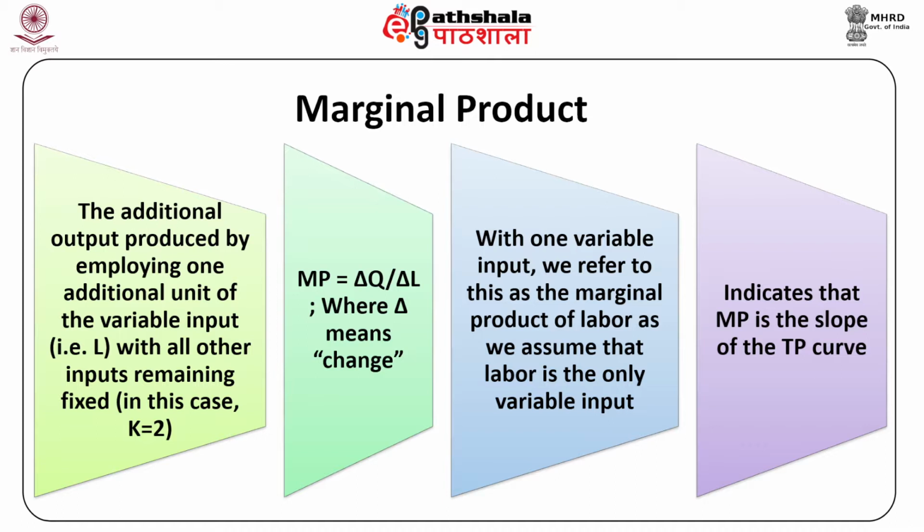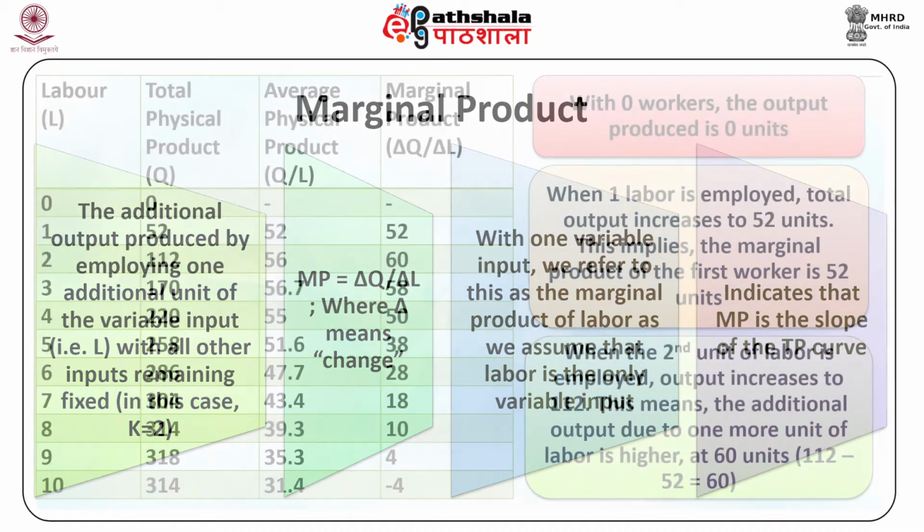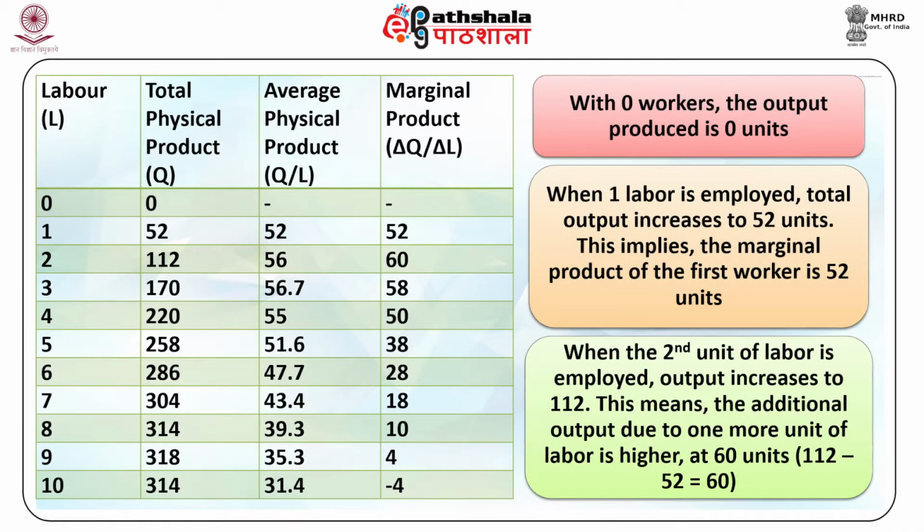In this situation with one variable input, we refer to this as the marginal product of labor, as we assume that labor is the only variable input. The above equation shows that MP is the slope of the total output curve, that is TP curve. The concept of MP can also be understood from table 2.